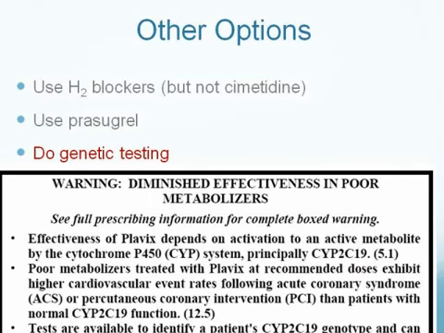The FDA has come out with a warning in the package insert now, and they say that patients who are determined to be poor metabolizers, those that have this polymorphism for the 2C19 allele, might have higher cardiovascular event rates following either acute coronary syndromes or following a PCI.